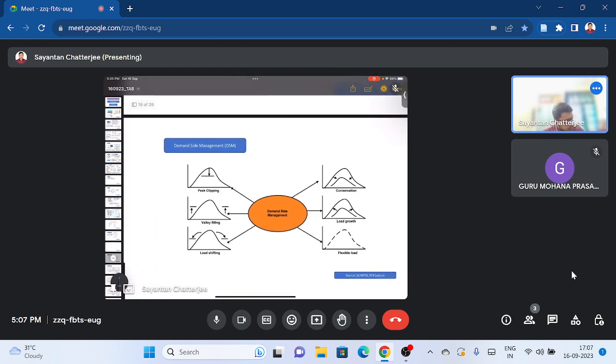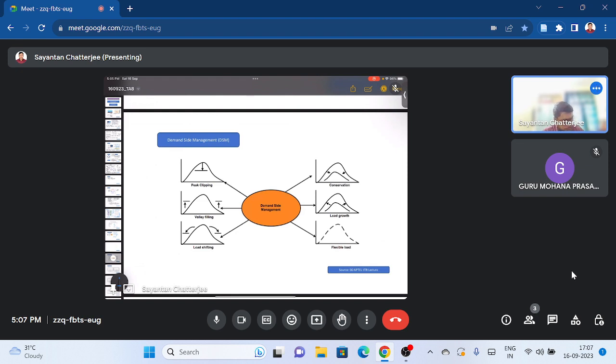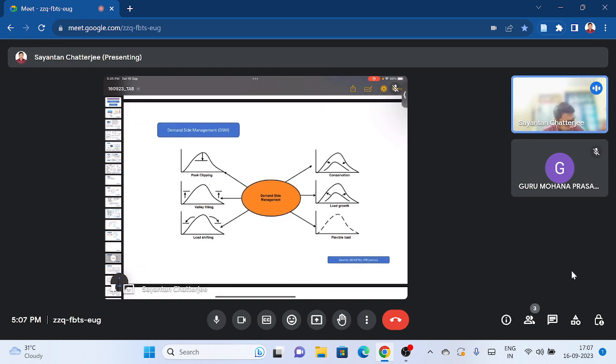Now, this is one of the interesting topics where system demand side management programs need to be performed. How are these demand side management programs performed? We need to understand what demand side management is.